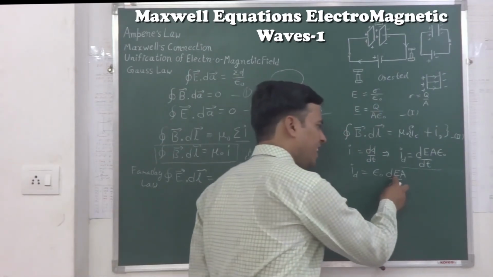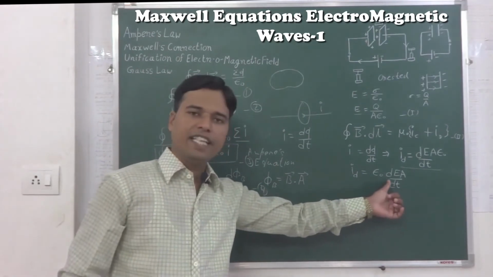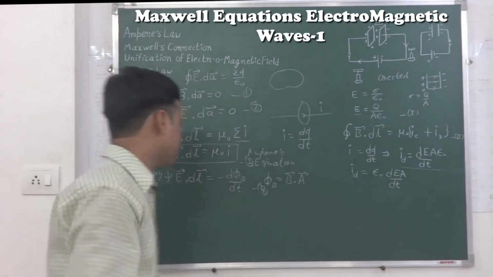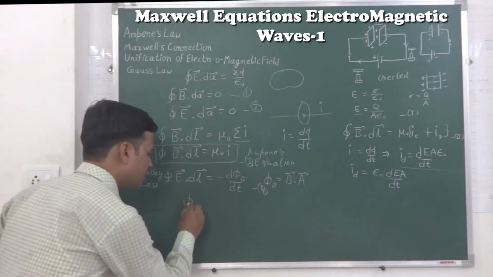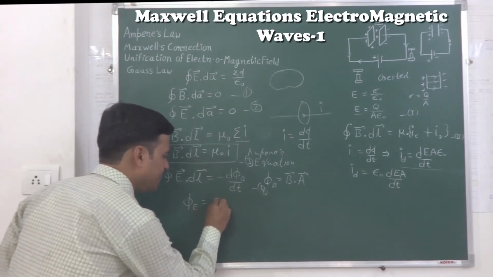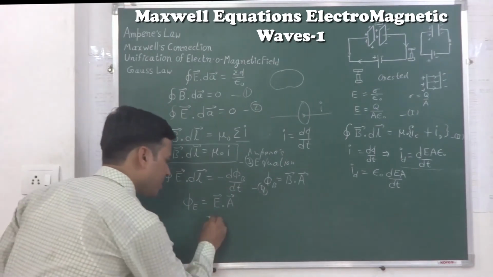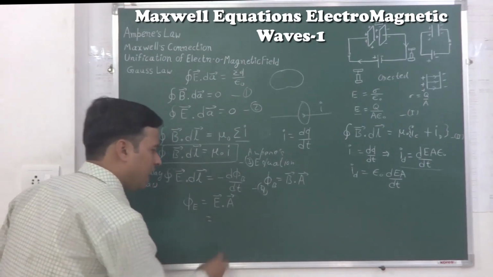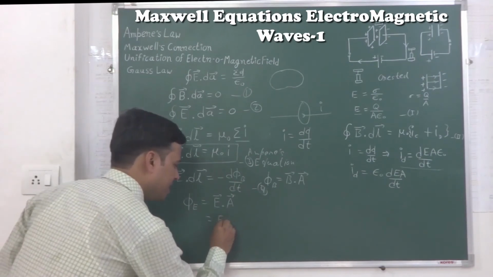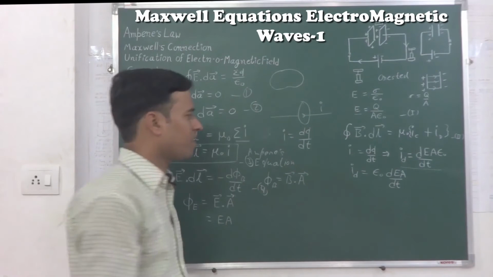What is EA? This is nothing but the electric field flux. The electric field flux phi E can be written as electric field vector dot area vector. If these both are in same direction, in that condition it is written as EA.